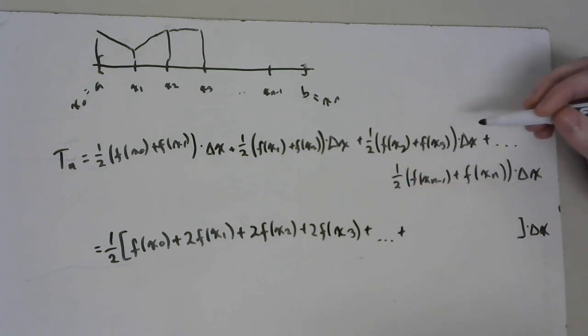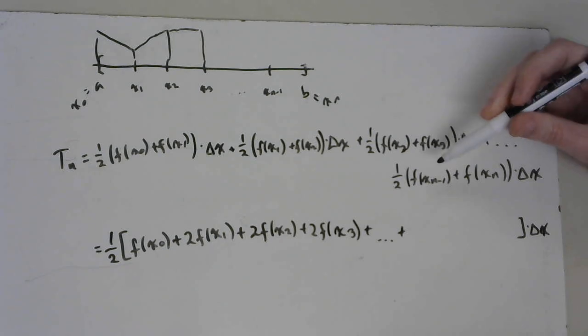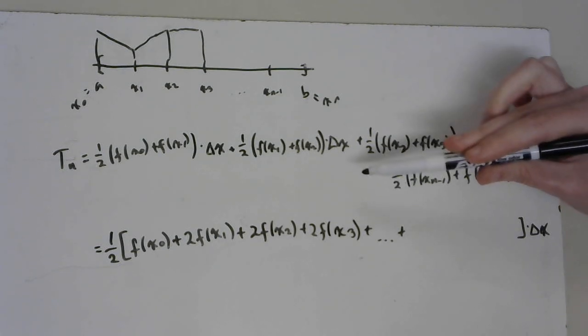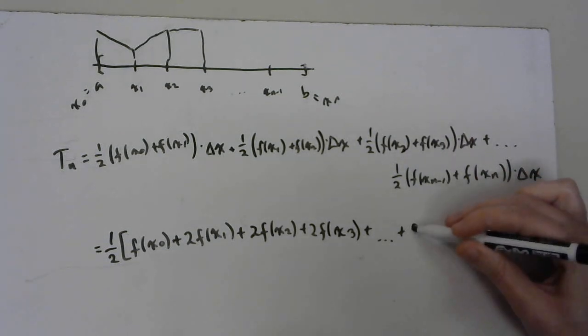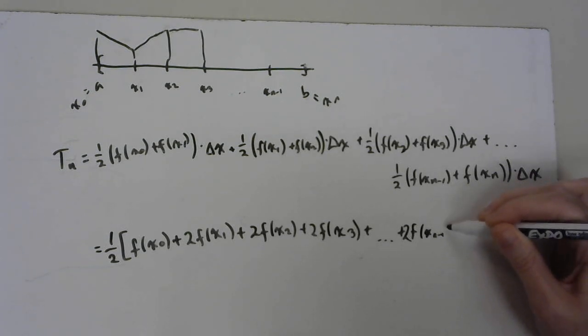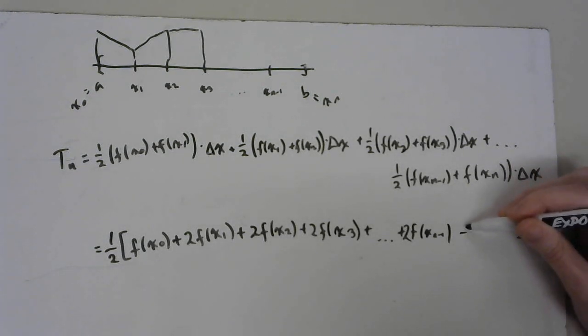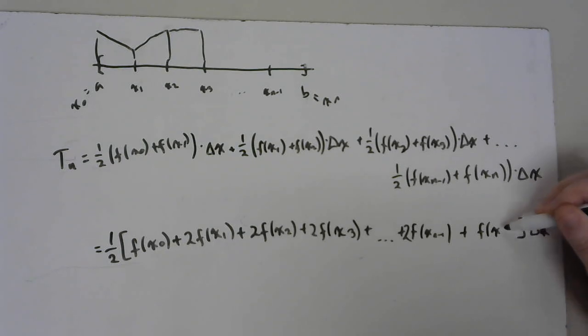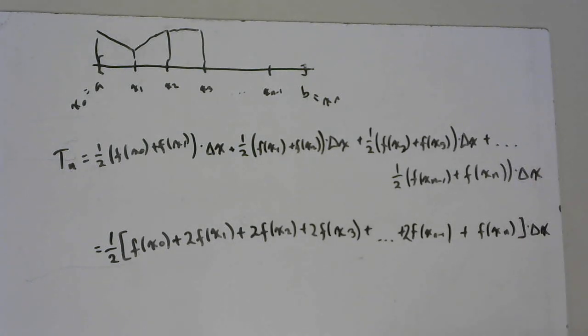Keep on going. F of x sub n minus 1, that would have shown up in the term just previous, so I'm still going to have two copies of f of x sub n minus 1. But f of x sub n, that's only going to show up once, so I've only got one copy of that.